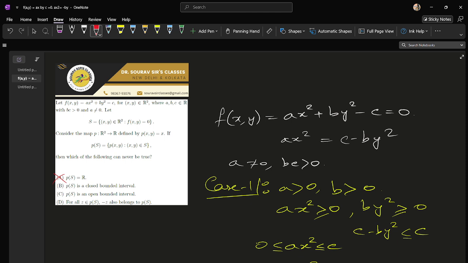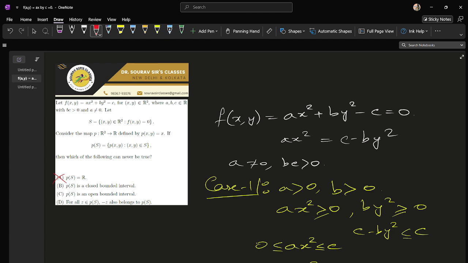Now for the other options: PS cannot be a closed bounded interval, because the map P is not closed, it is an open map. However, PS can be an open bounded interval, or all of R except for a bounded interval.